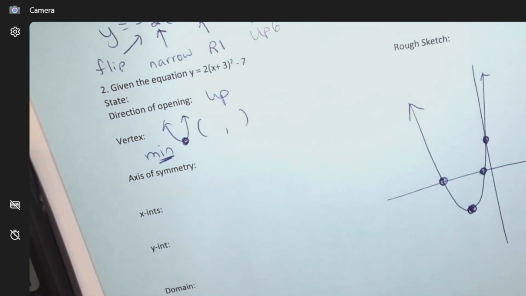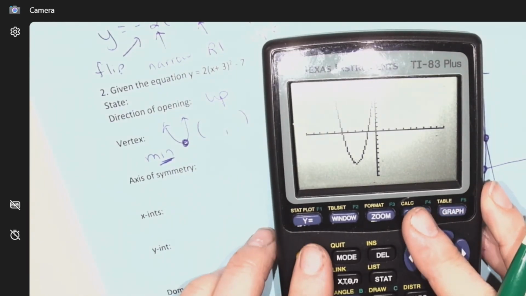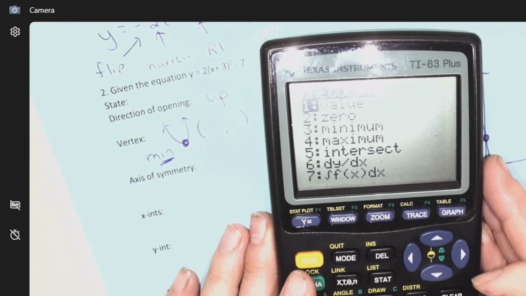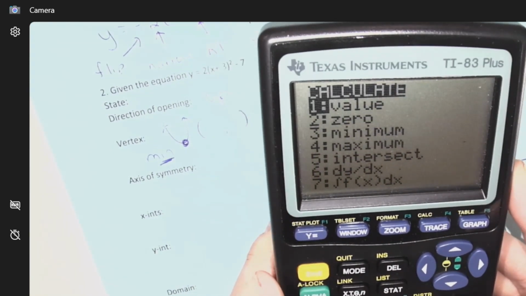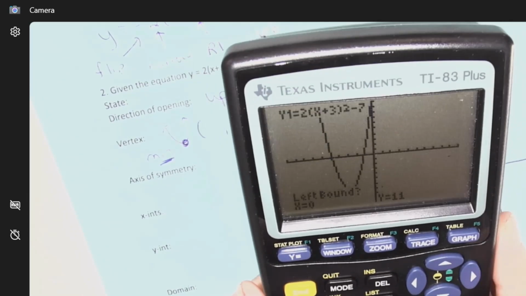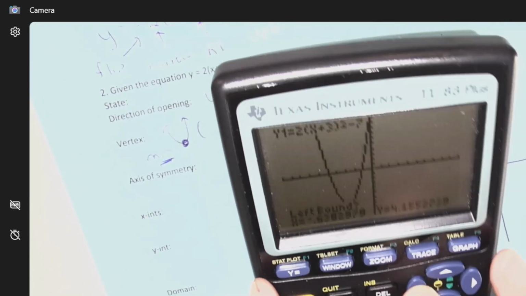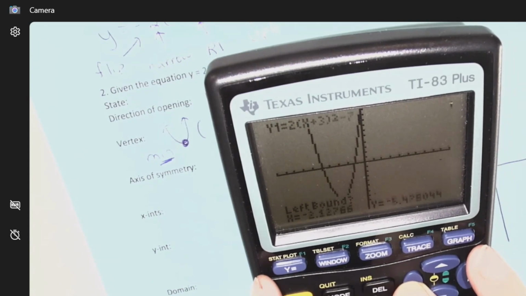Get your calculator functions out, and you can go second, calculate, minimum, and left and right.